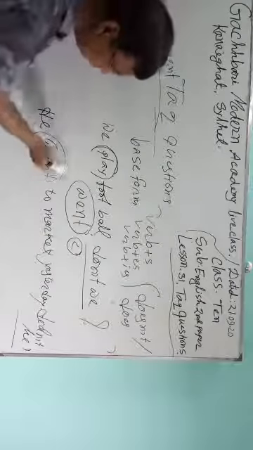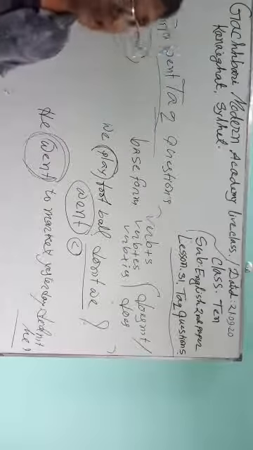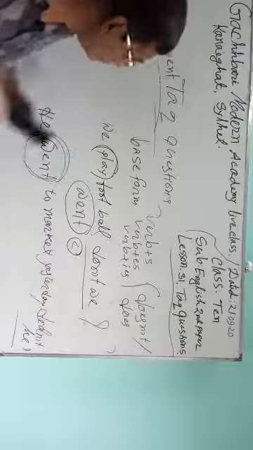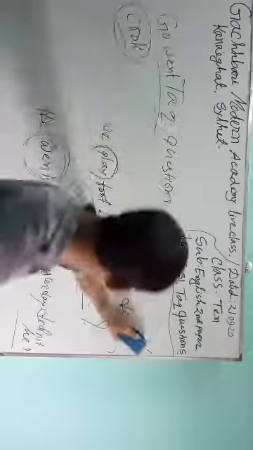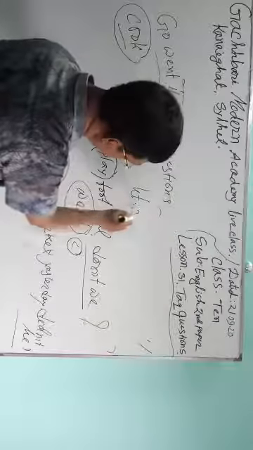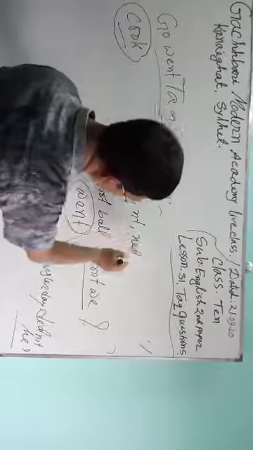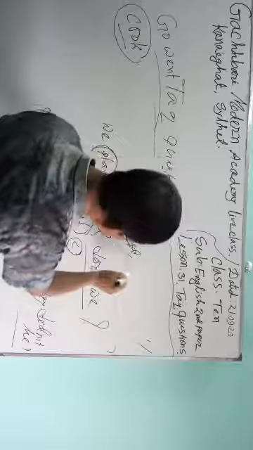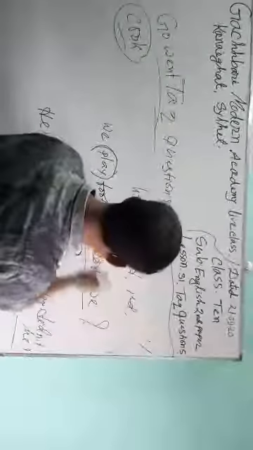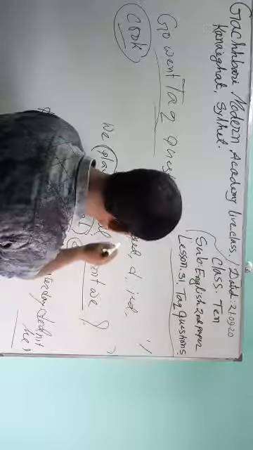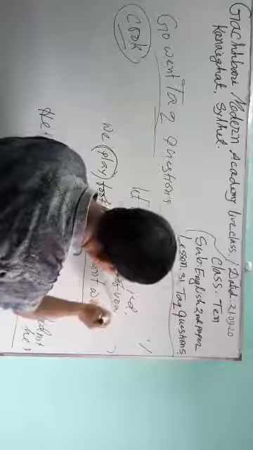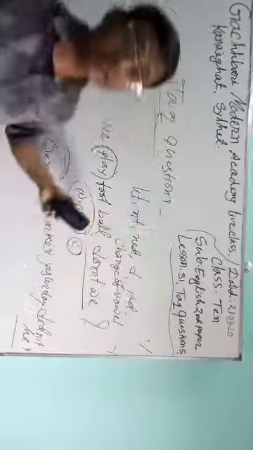But now the fact, how do you identify it is verb 2? Look on the blackboard. ST, NT, NED, only D, IED, and change of vowel, you may consider as the past tense.